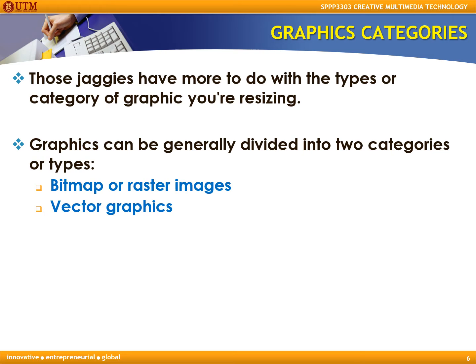When you zoom in or enlarge the image, it shows you the pixels the image consists of. On the other hand, vector graphics don't show any pixels, so the quality stays the same. Let's learn more about these two categories.